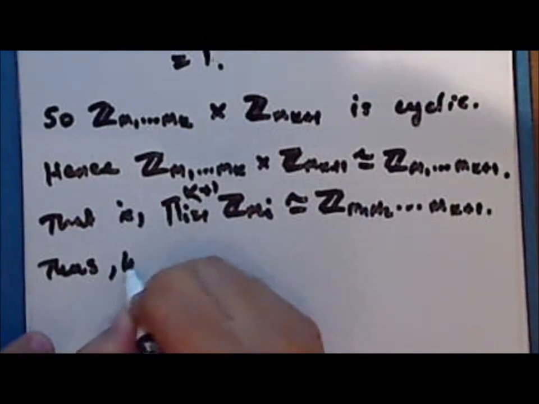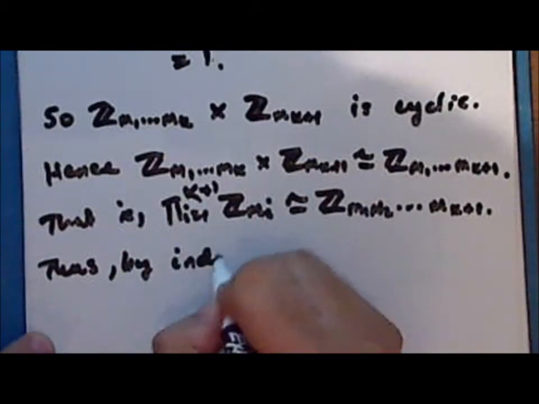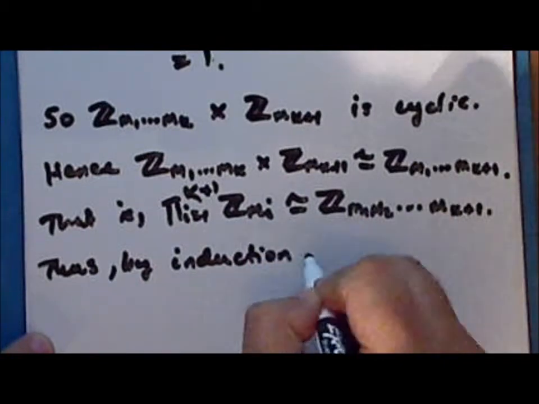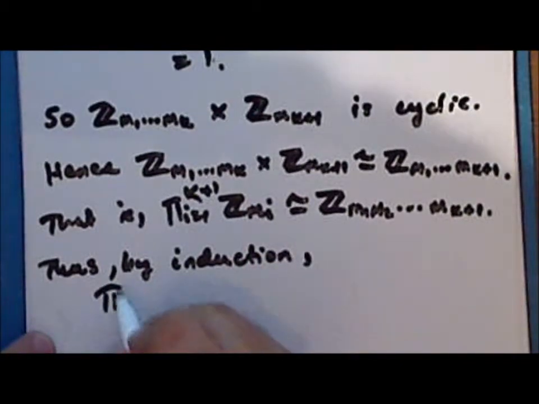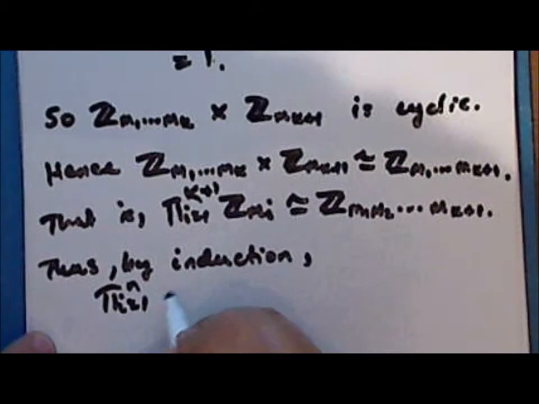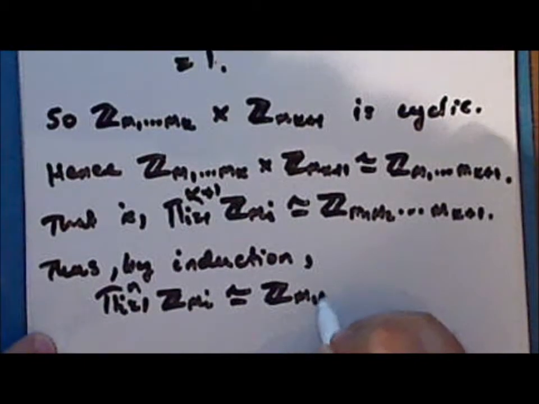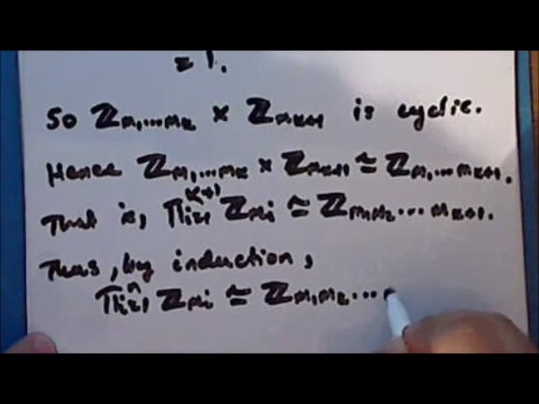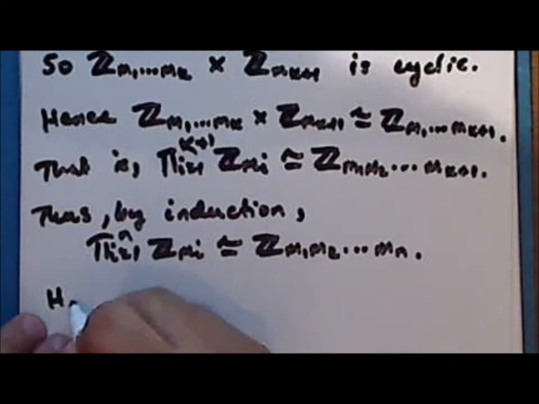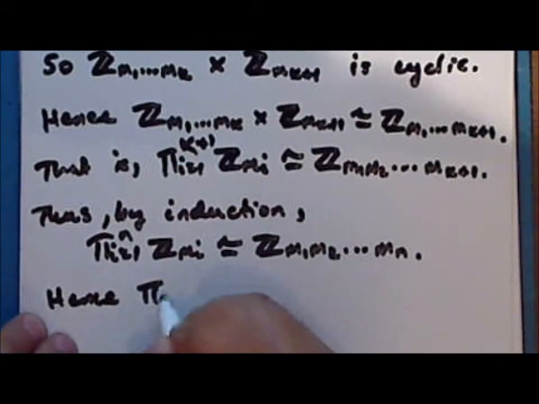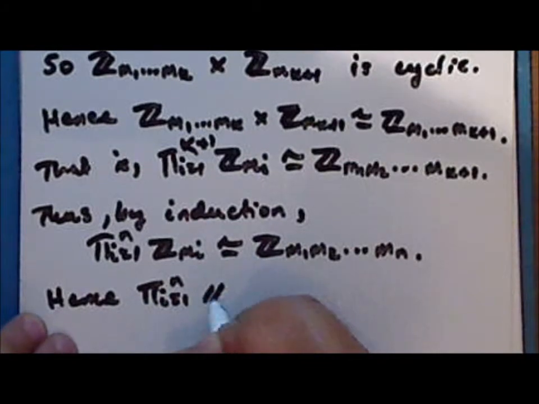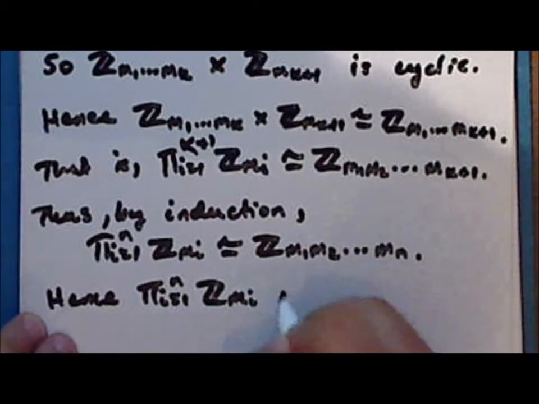Thus, by induction, we have that the product of the integers modulo m sub I is isomorphic to the integers modulo m sub 1 times m sub 2 through m sub n. And hence this direct product is cyclic.